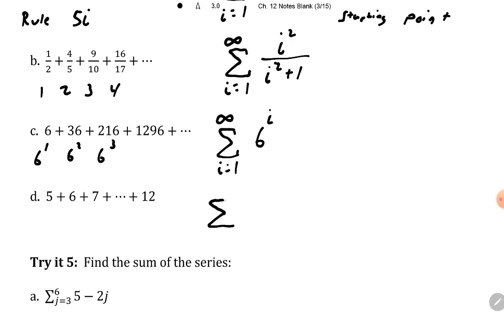Alright. So we do have an upper limit. We're starting at 5, then 6, and 7, then 8, 9, 10, 11, 12. So we're just adding 1 each time, starting from 5. So that is just i plus 4.